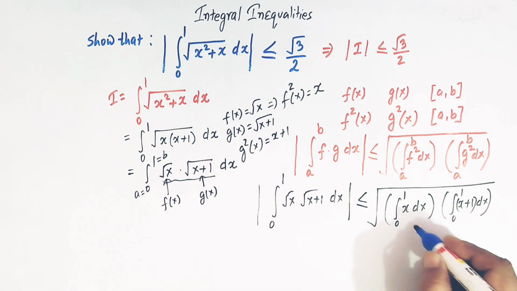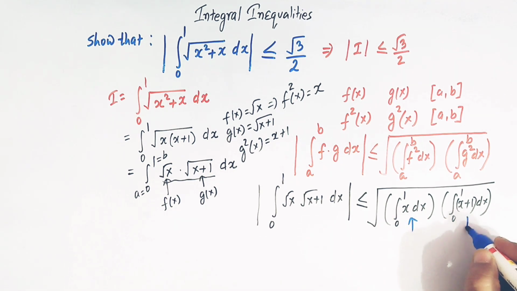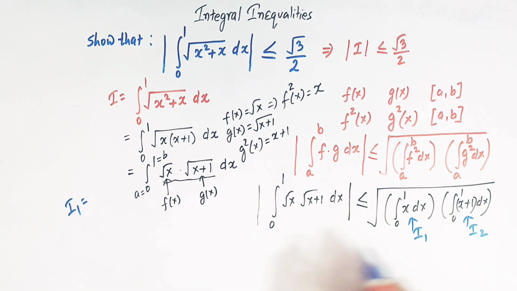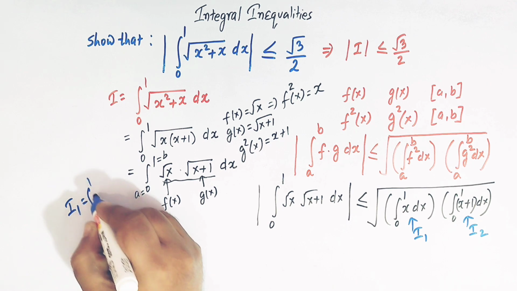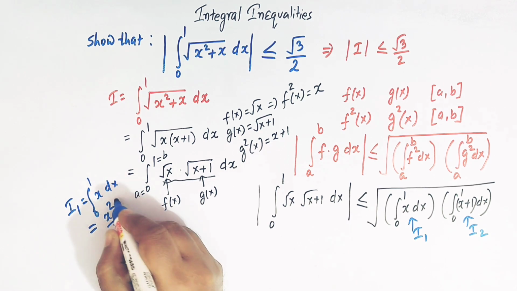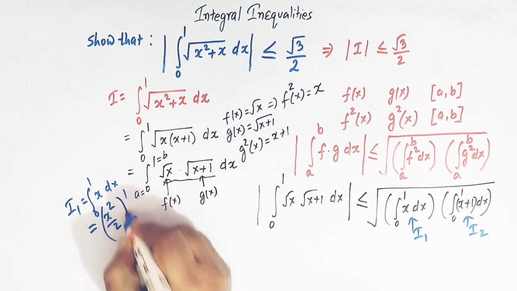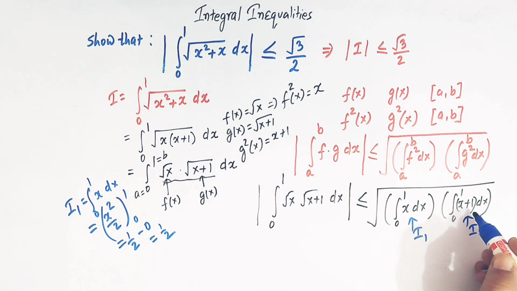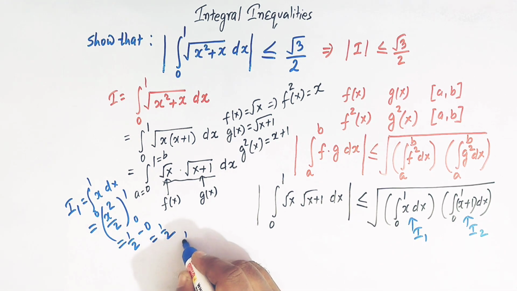Now let us separately calculate these two integrals. Let us call them I1 and I2. So I1 is the integral from 0 to 1 of x dx. This is x square over 2, and the limits are from 0 to 1. So we have half minus 0, that is equal to half. And here I2 is also a simple integral.